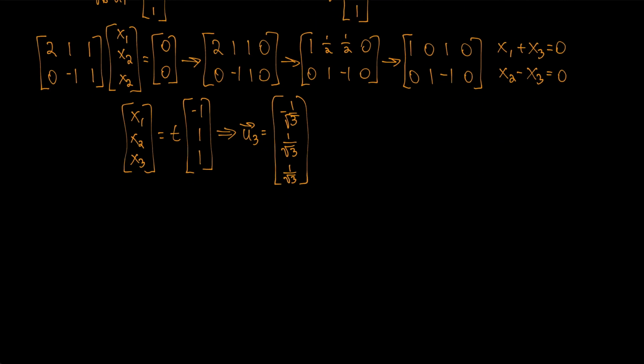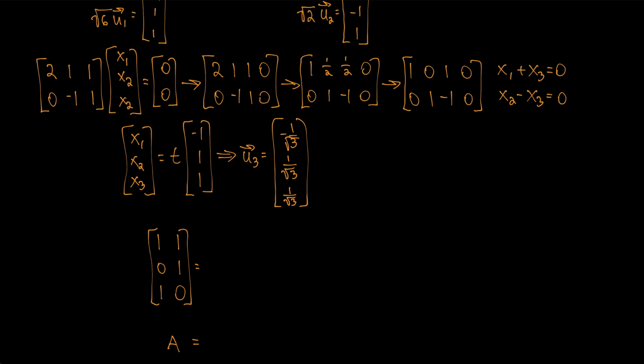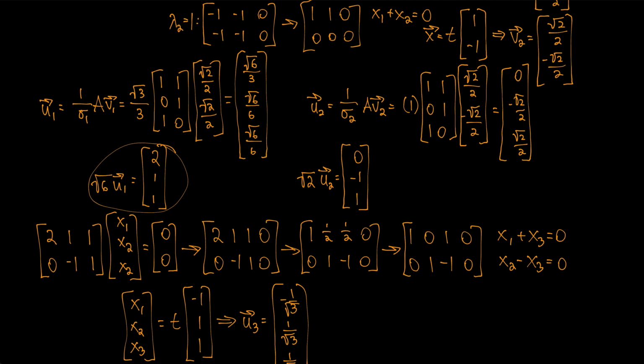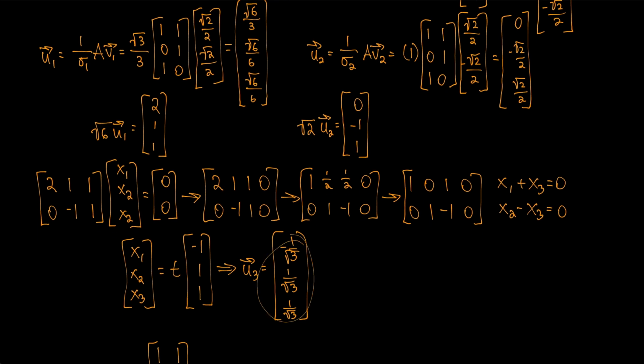Okay, so now we can write out our singular value decomposition. First we start with A, which is 1, 1, 0, 1, 1, 0, the A we started with, and we need that to be equal to some U. We can't use the modified u's because they are not normalized. We have to use the original u's. We had only multiplied by rad 6 and rad 2, so it was easier to find u3 because we could always normalize it later.